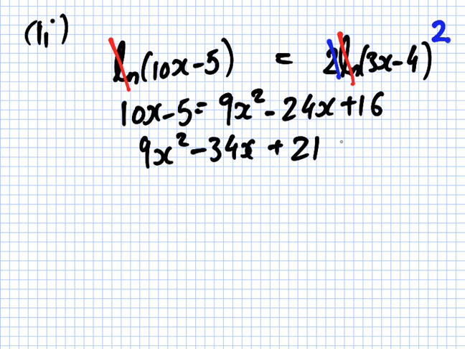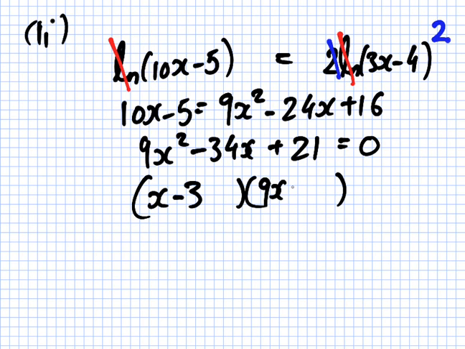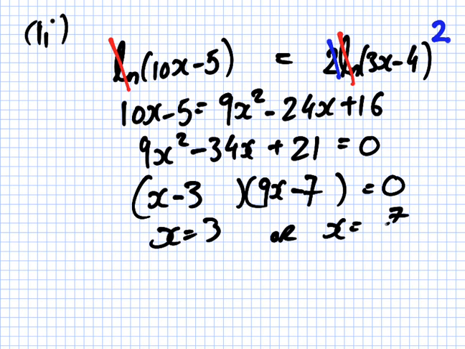We can factorize this: (x - 3)(9x - 7) = 0. So x equals 3 or x equals 7 over 9.